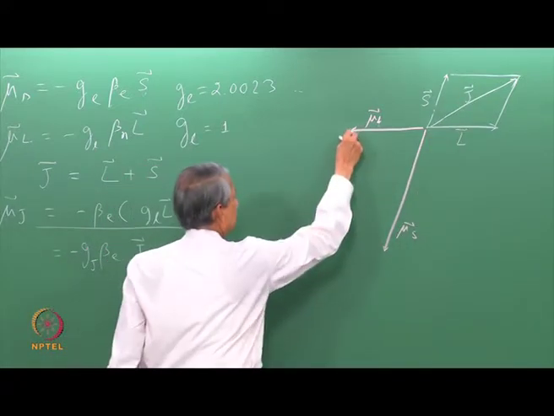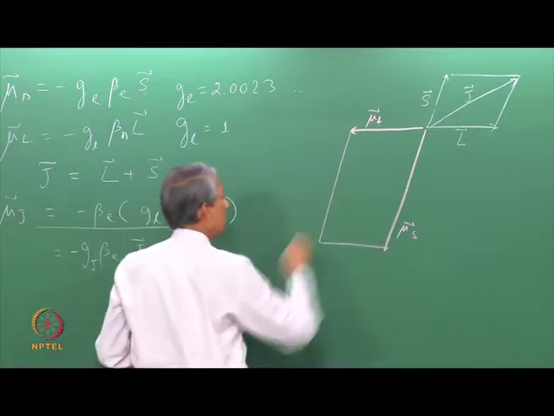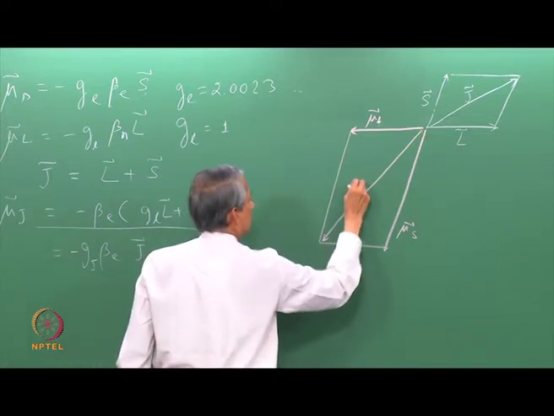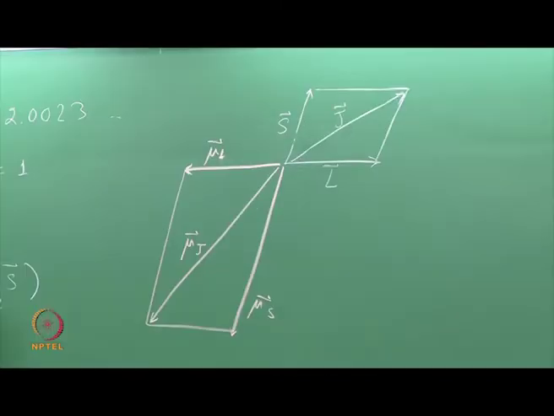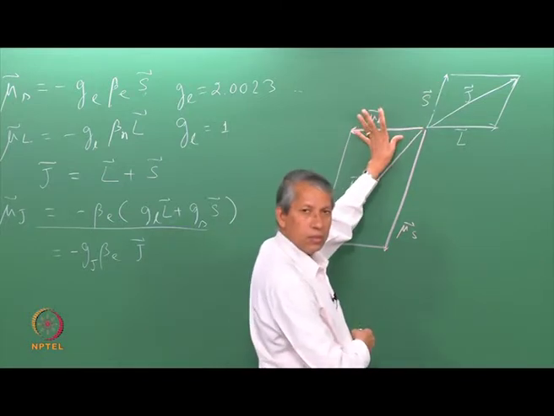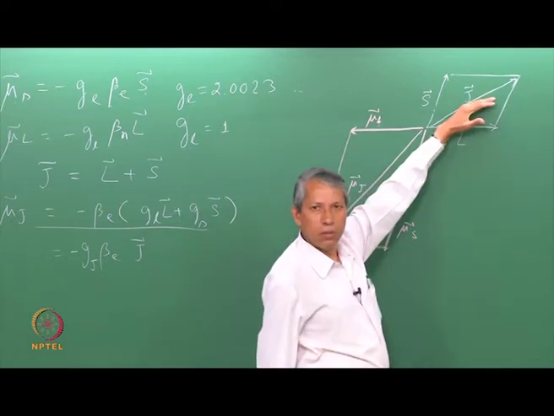Similarly, the net of these two magnetic moments is given by this addition. This is the mu of J. Now, it is obvious from here that because this is twice this one, this vector cannot be parallel to this one.